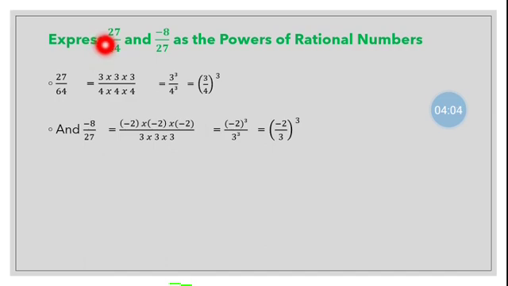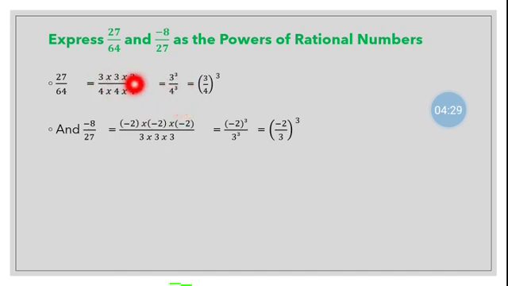Express 27 upon 64 and minus 8 upon 27 as powers of rational numbers. So 27 upon 64 can be written as 27 is 3 into 3 into 3, upon 64 is 4 into 4 into 4, which equals 3 to the power 3 upon 4 to the power 3.